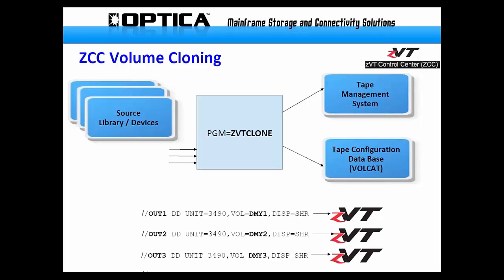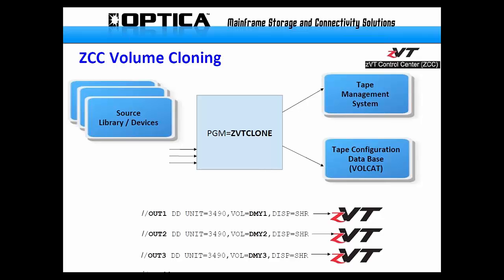And what this allows us to do is to not worry about the individual data set records in the tape management system, or the Mobius metadata, for example, or any other application's metadata that keeps track of its own data sets and its own volumes. We really don't have to worry about that, because the cloning process copies the volume from input to output byte for byte and retains the same volume serial number.